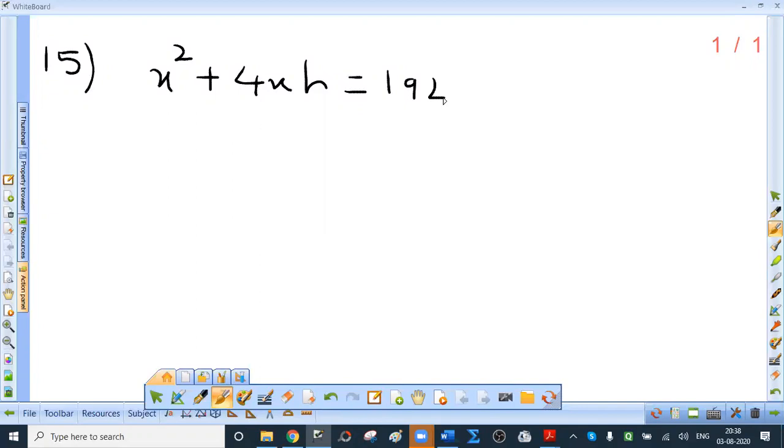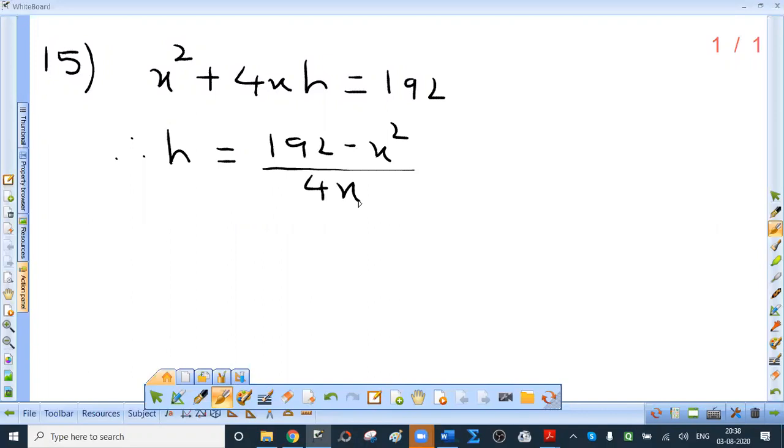So this basically has 6 faces, out of which we have considered 5 because the box has an open top. Okay, so use this to express h in terms of x. So tell me what is h from this? It is 192 minus x square divided by 4x.